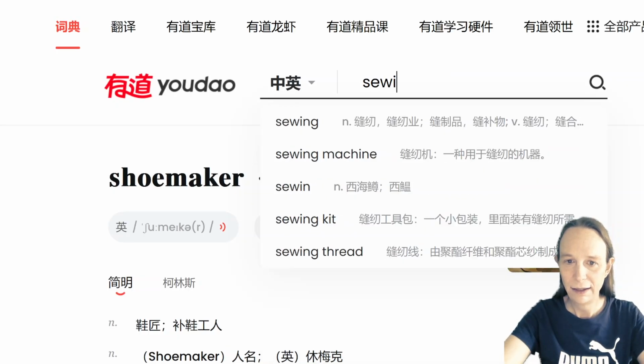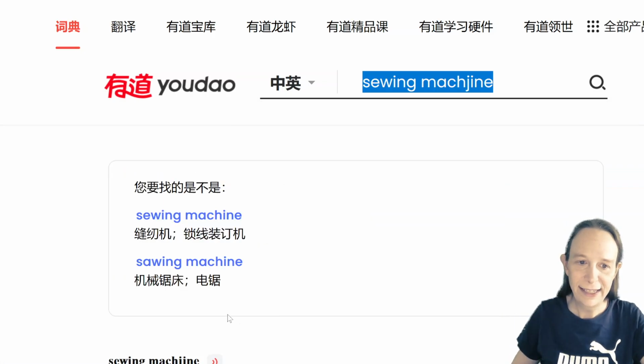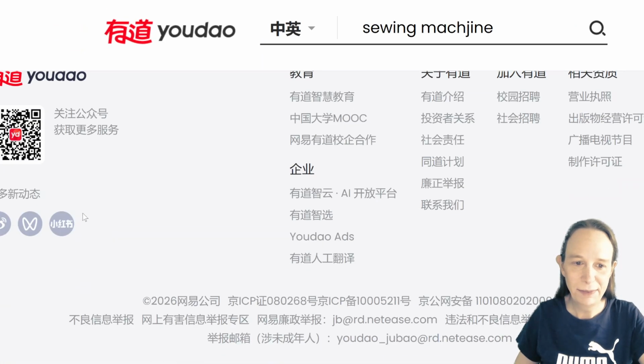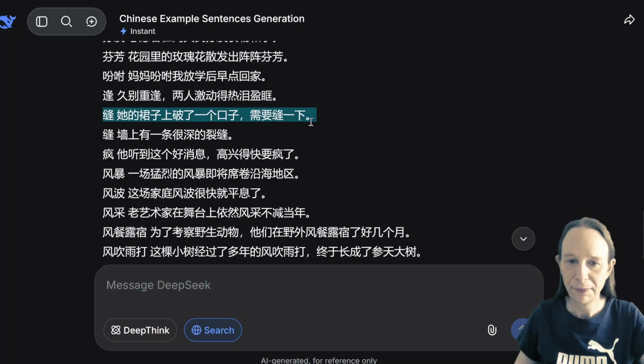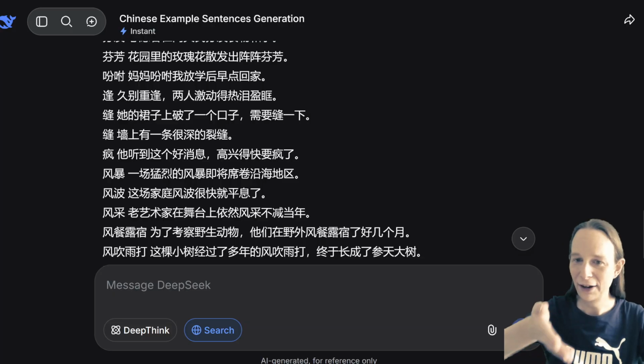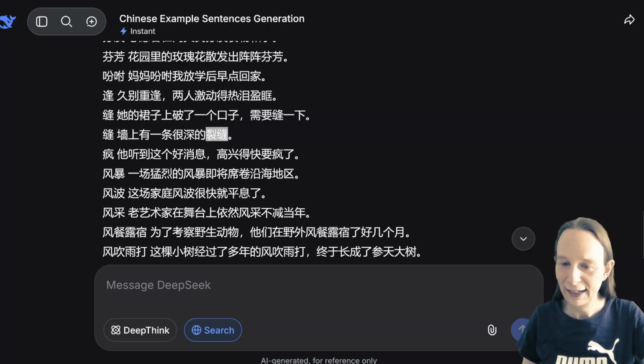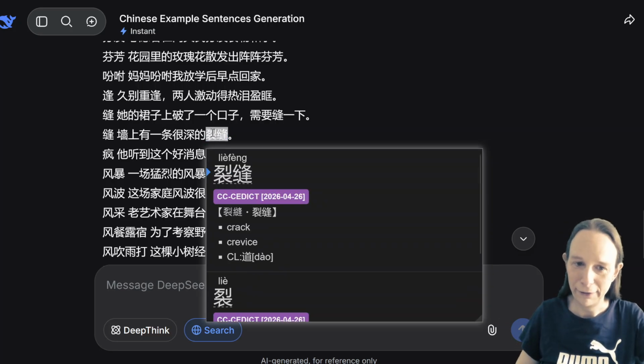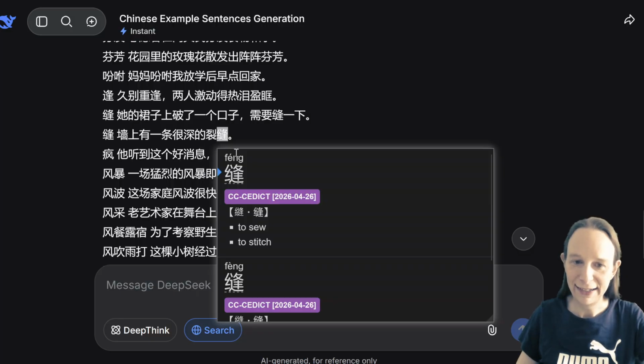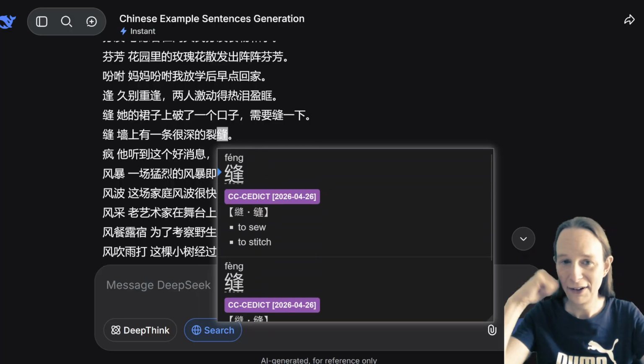Sewing machine? 缝纫机. Yeah, there it is. 缝纫机 seems to be the most common one. So presumably there's two of them here because we're meant to do second tone 缝 and fourth tone 缝. All right. 横向有一条很深的裂缝, fourth tone. All right. So second tone and fourth tone.